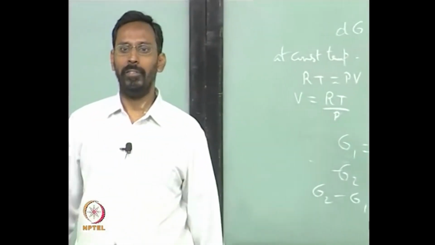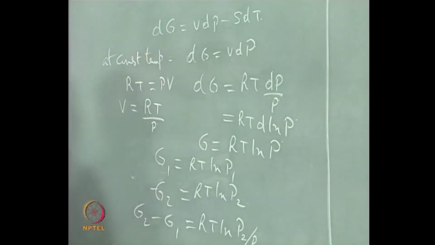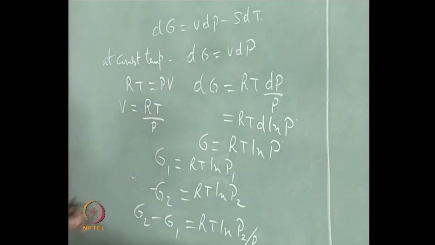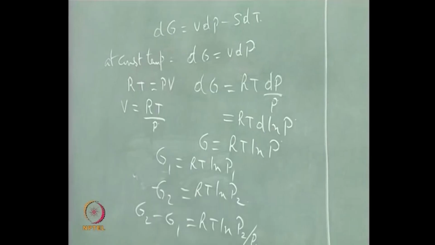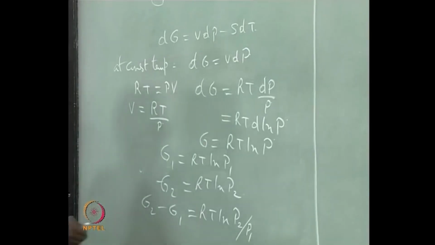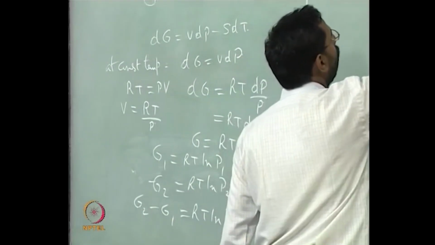So like this we can simply look at how the free energies change as a function of pressures, and if one of them, let us say P1, is a standard pressure. What is the standard pressure for us? Atmospheric pressure. So if I take it as atmospheric pressure, I can write it as G minus G naught.